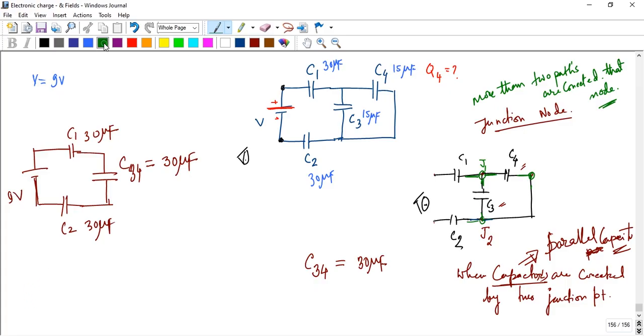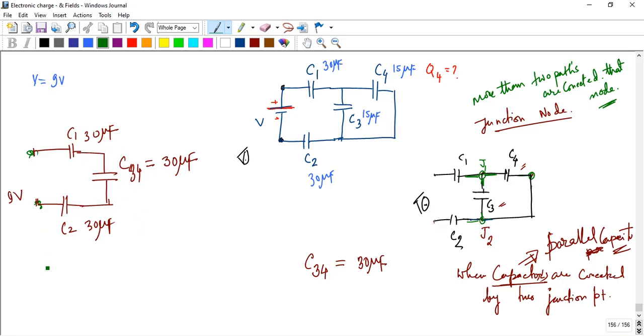Now the calculation is simple. If the circuit is opened, these three capacitors have no junction point between them, because these nodes are connected only in sequence. That's why these three capacitors are in series.